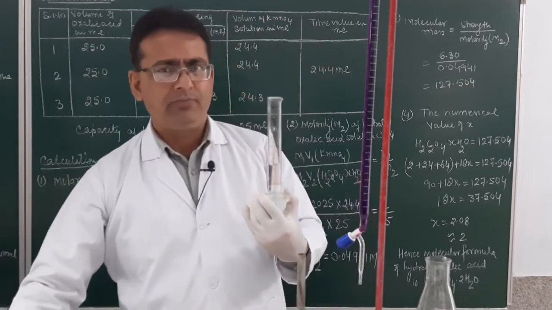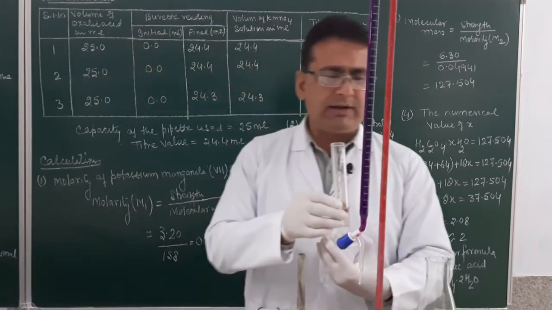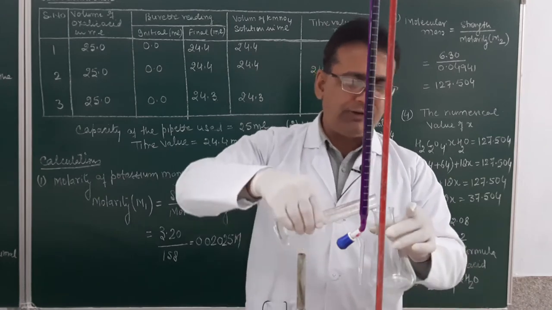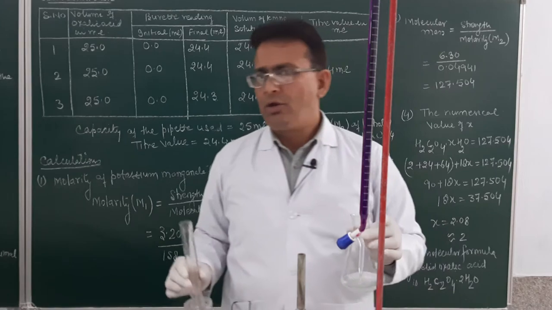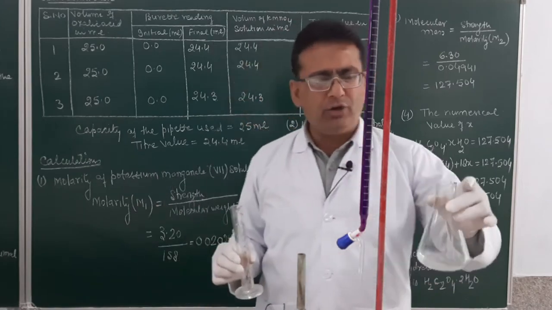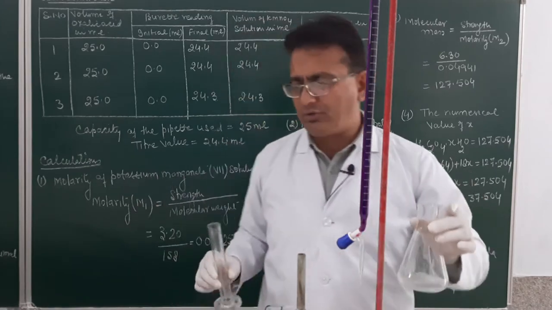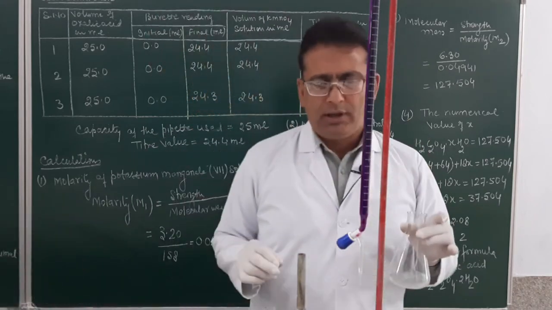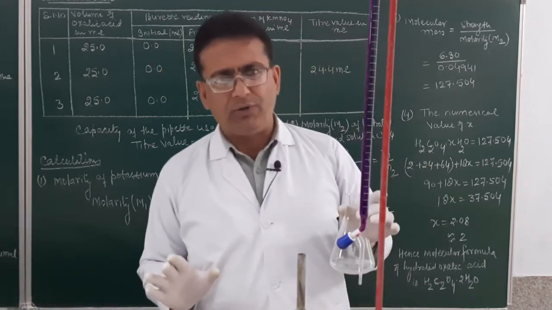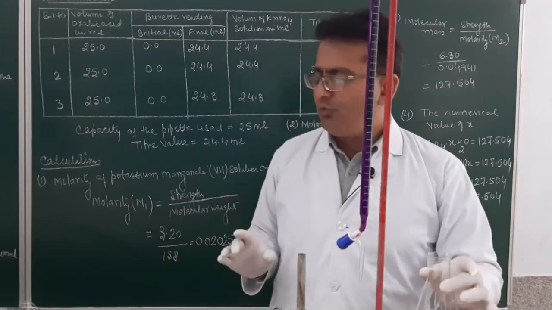Is it getting clear? Fine, 20 ml of dilute sulfuric acid is added into the oxalic acid. So 25 ml of oxalic acid we have taken, and to this we have added 20 ml of dilute sulfuric acid. Now what is to be done?